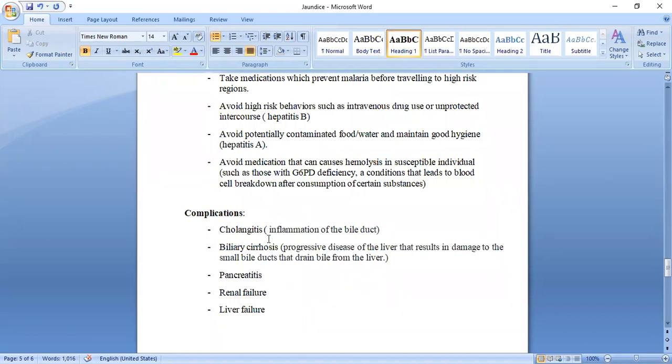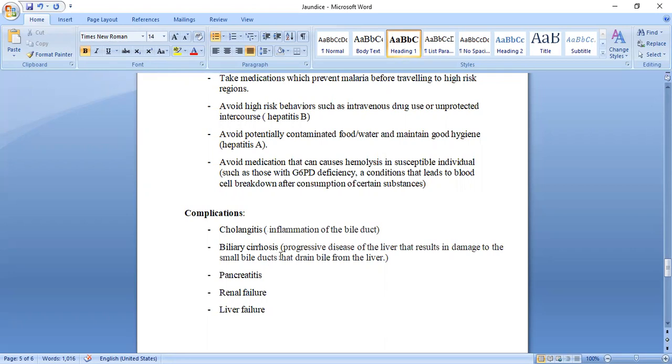Cholangitis means what? Inflammation of the bile duct. There may be chances of other complications. The disease will be exaggerated. What does it cause? Inflammation of the bile duct, that is called cholangitis.